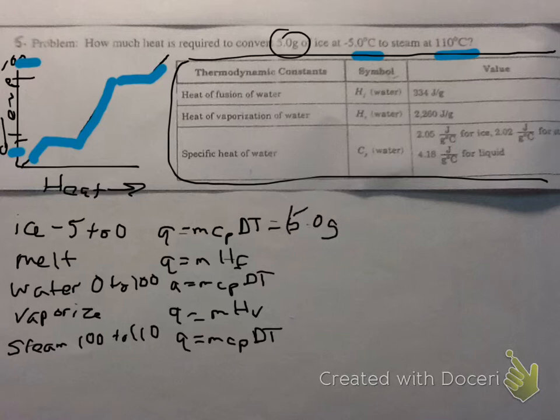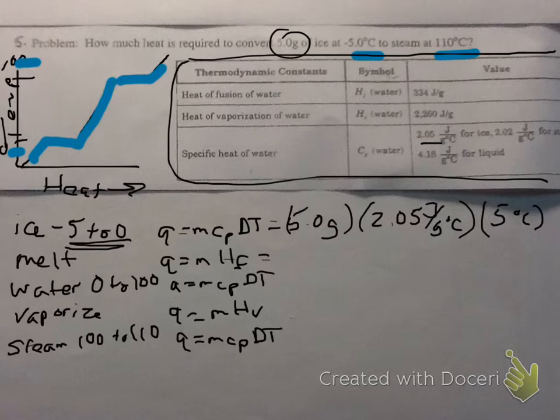So 5 grams times the specific heat of ice, which is different than water, 2.05 joules per gram degrees C, times the temperature change just for this segment. So I'm going from -5 to 0, so that's a temperature change of 5 degrees C.